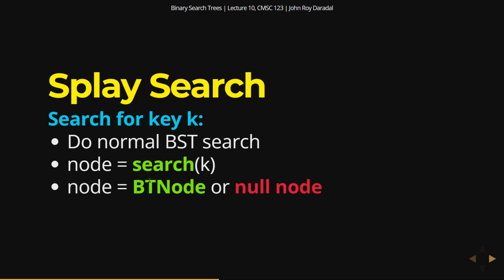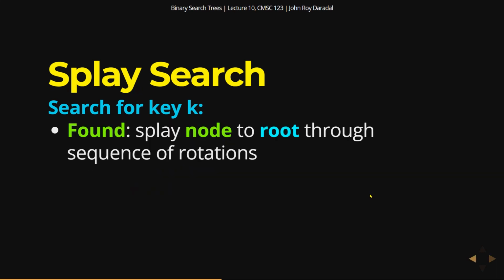If it's a binary tree node, it means that we've found it, right? If it's a null node, it means that we didn't find it because we were given a null node back. Okay, so if it was found, we will splay that node to the root through a sequence of rotations.